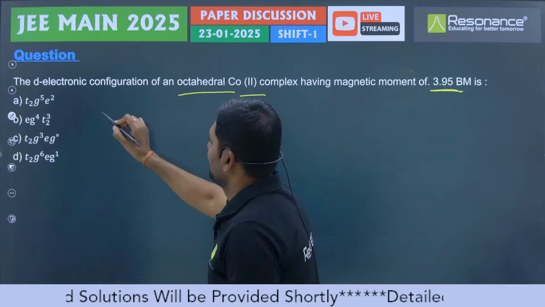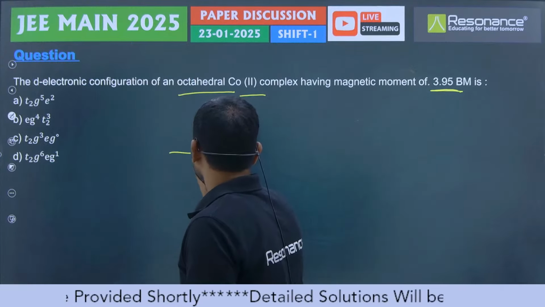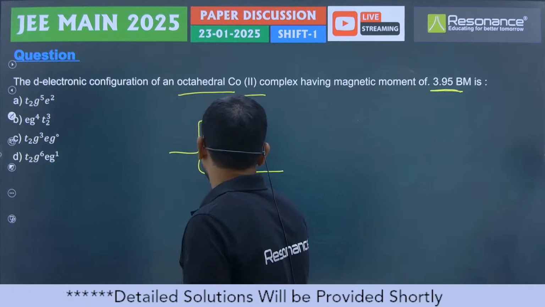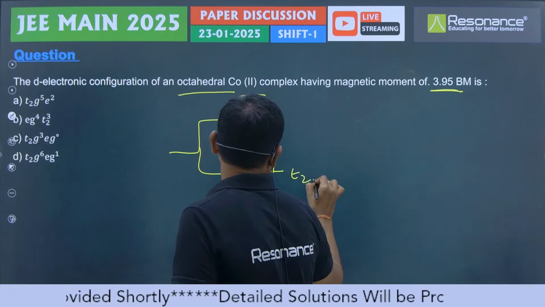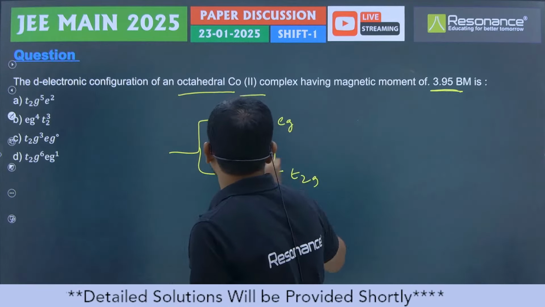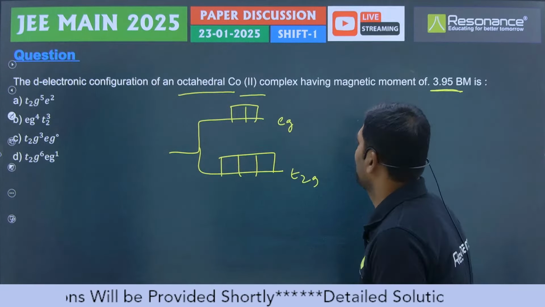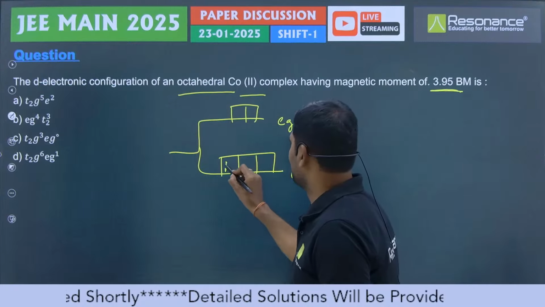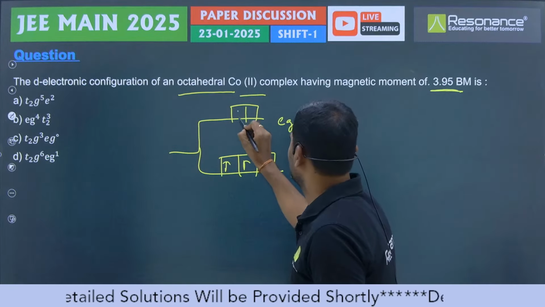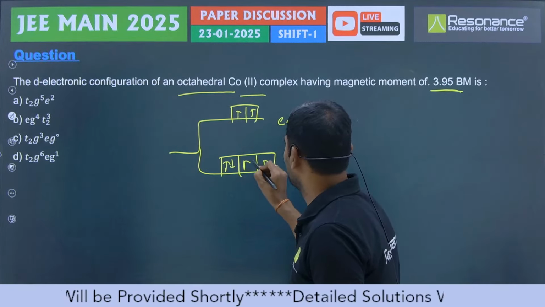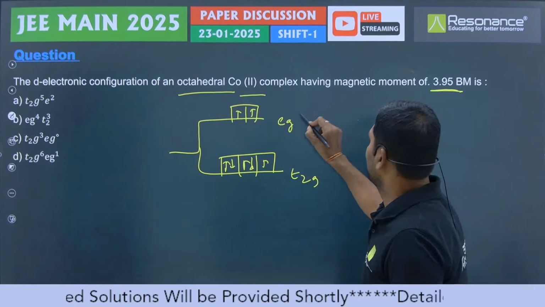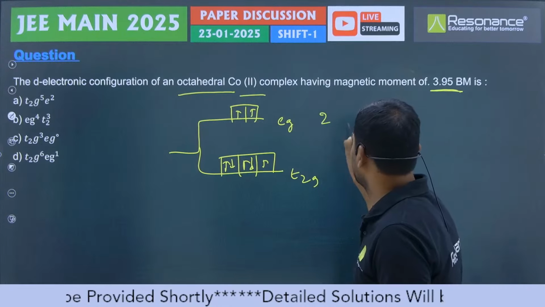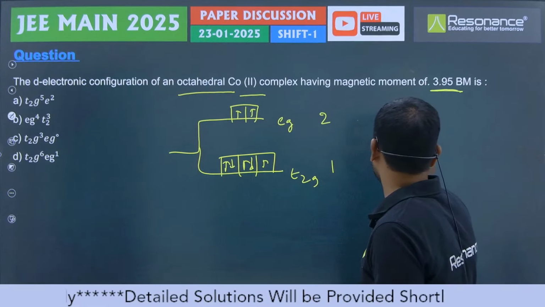So you can see here, first option you can check. This is t2g and this is eg. If you fill the electrons, t2g 5, you can fill each box 1, 1, then followed by pairing up. How many unpaired electrons here? Here 2 electrons and here 1. Total 3 unpaired electrons.